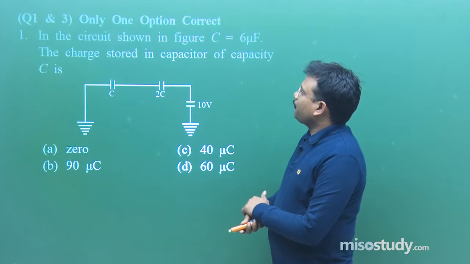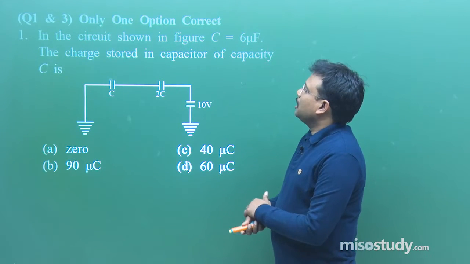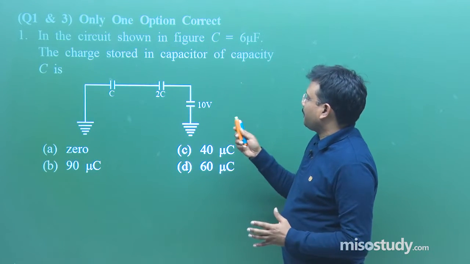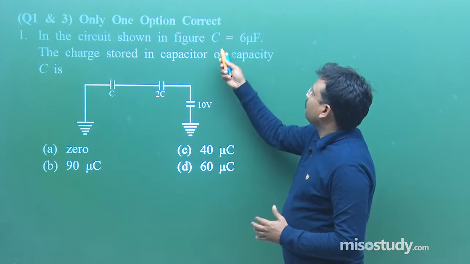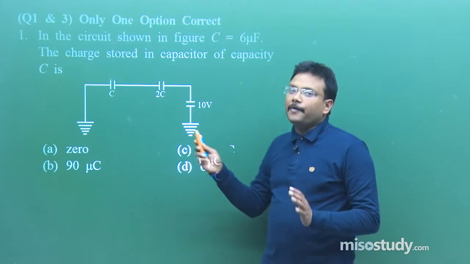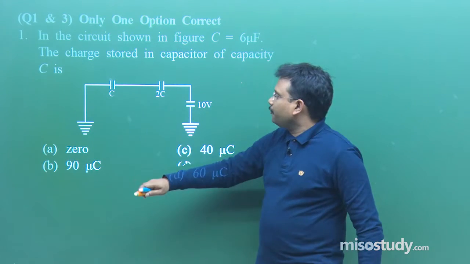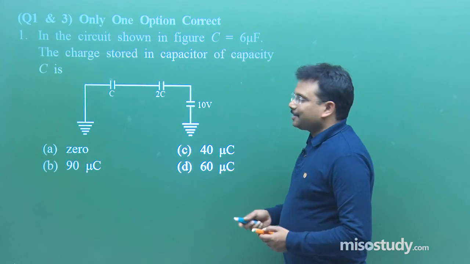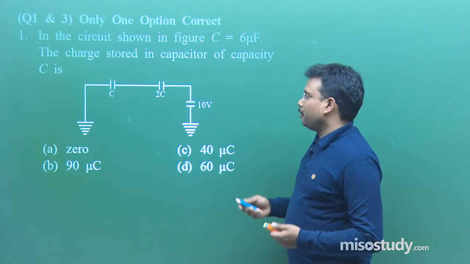So you have to find the charge stored in capacitor of C capacity, while C is equal to 6 microfarad, fine. So it is like that 6 microfarad, it is like that 12 microfarad, okay. So let us try to find the solution of this particular question.